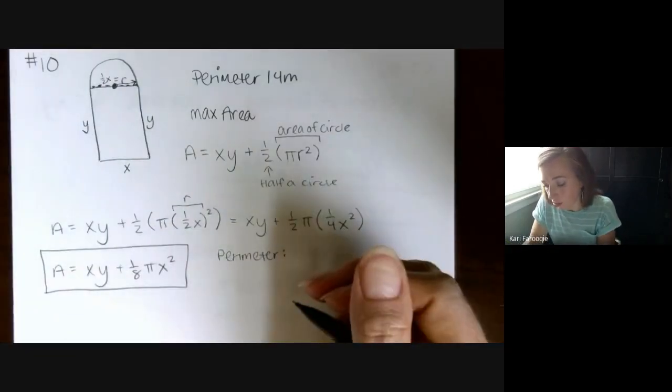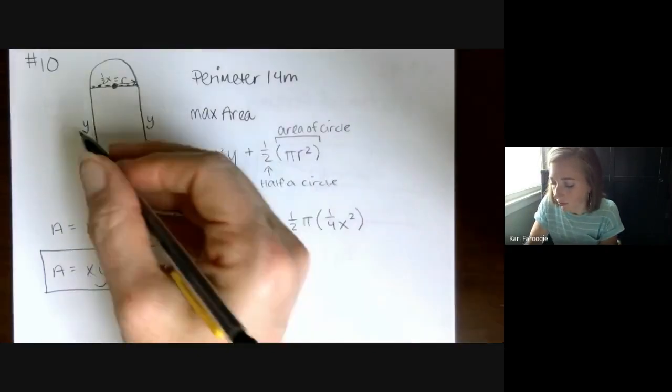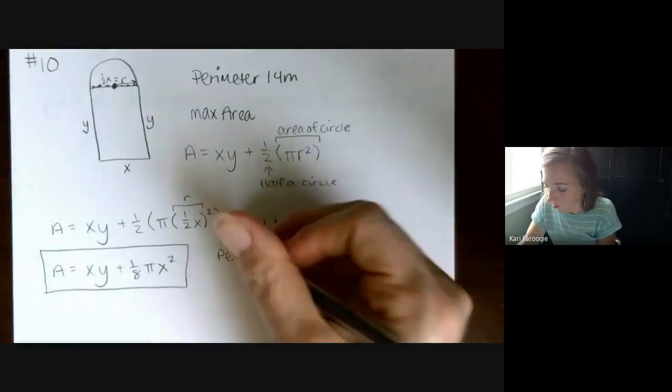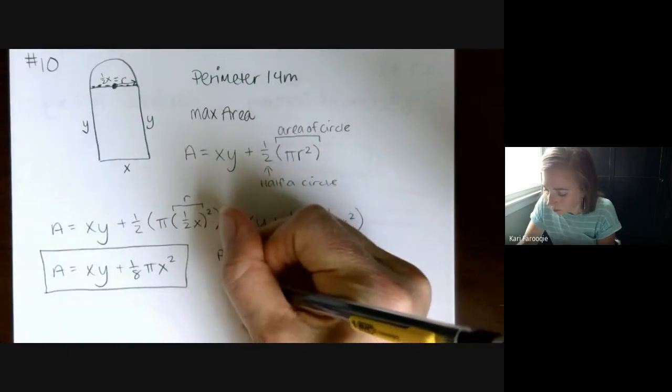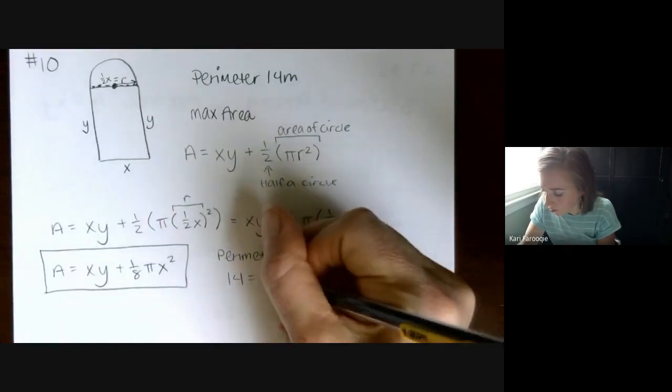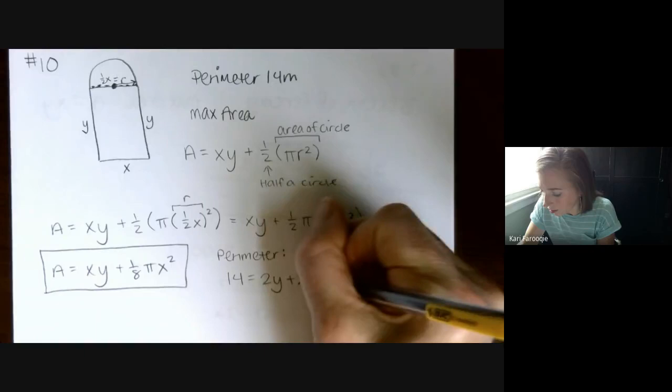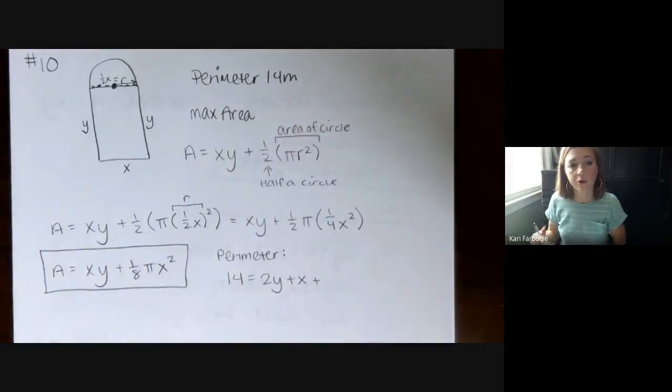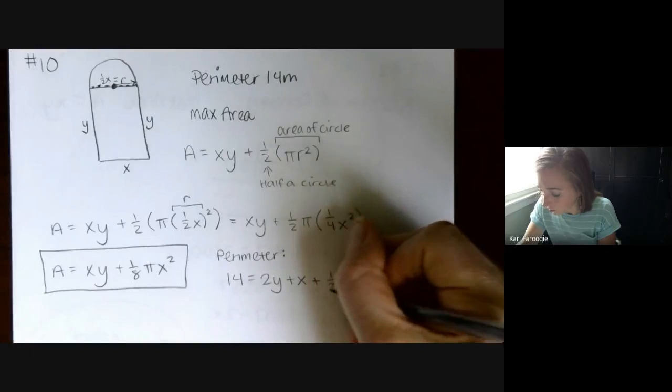So for your perimeter, we're looking at y plus x. So I'll say 14 is equal to 2y plus x plus, and then we're going to look at the circumference of a circle. So the circumference of a circle is 2 pi r, if you don't remember, and we only have half of a circle.